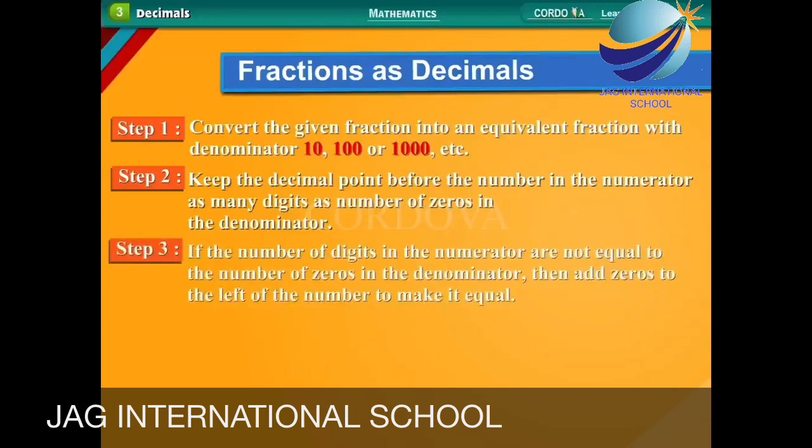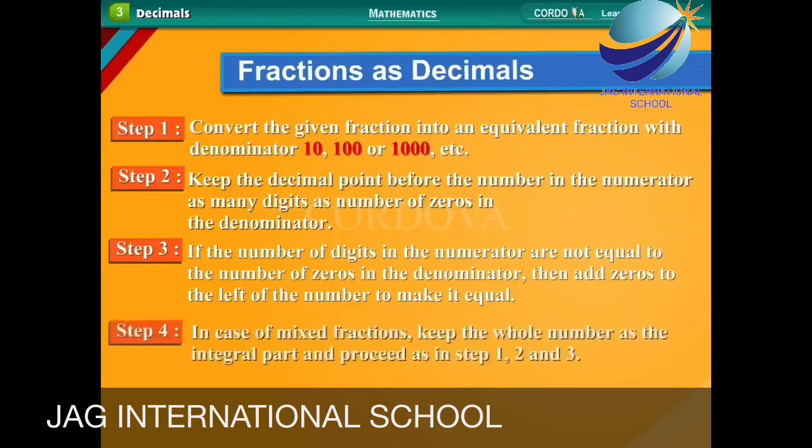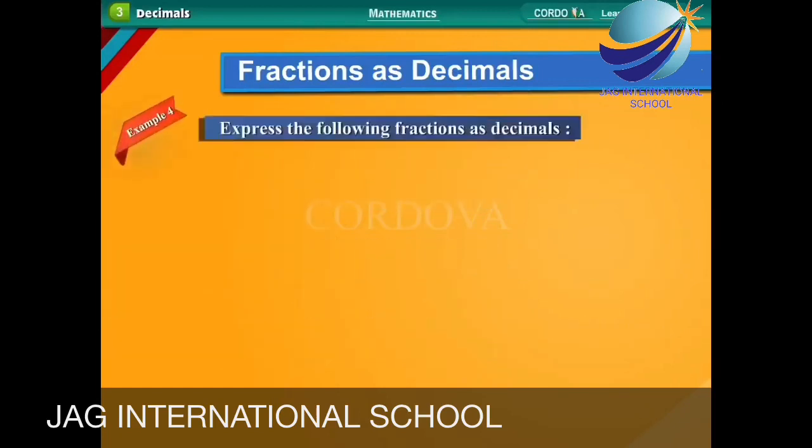If the number of digits in the numerator is not equal to the number of zeros in the denominator, then add zeros to the left of the number to make it equal. Step 4. In case of mixed fractions, keep the whole number as the integral part and proceed as in steps 1, 2 and 3.